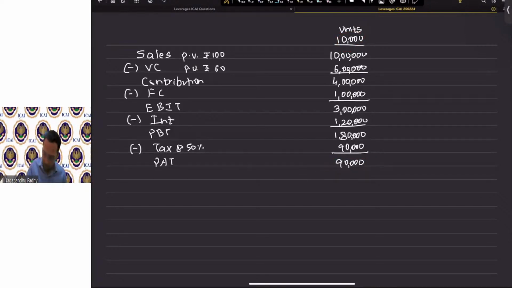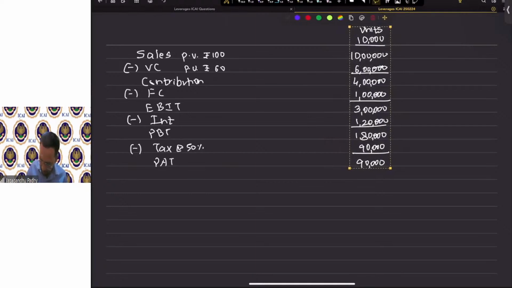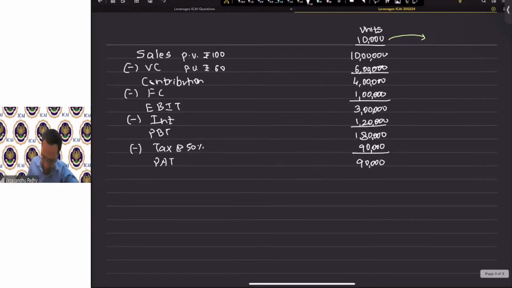I want you to perform one activity, which we will need for understanding the concept of leverage. What I want to do is increase these units. Let's say instead of 10,000, suppose your sales is increasing by 10%. It means the units that you're going to sell is 11,000.